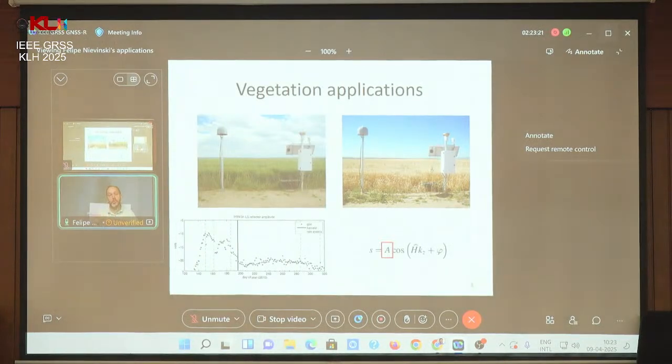So we always assume that there used to be a specular reflection before the vegetation existed, so the surface was sufficiently smooth, and then the seeds germinated and vegetation started to grow, and you get a more diffuse scattering emanating from this complicated medium. So it is complicated, okay?